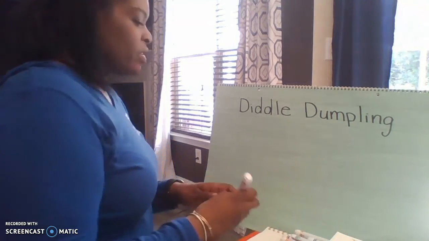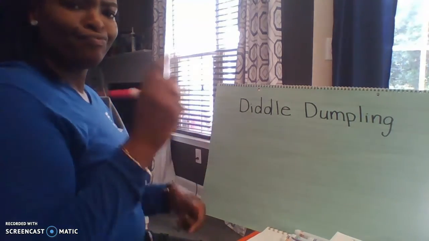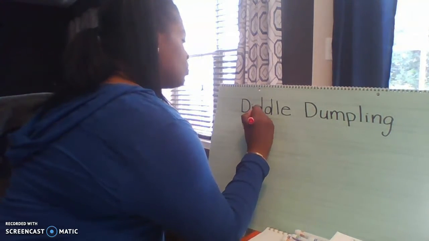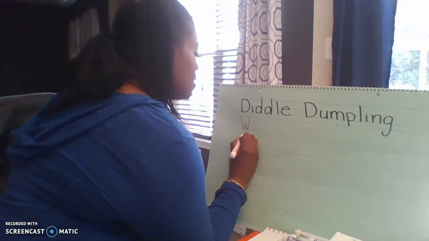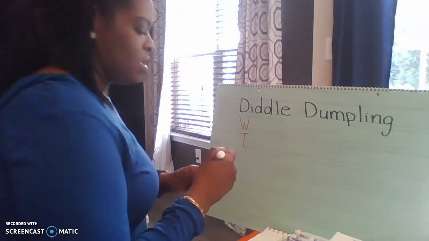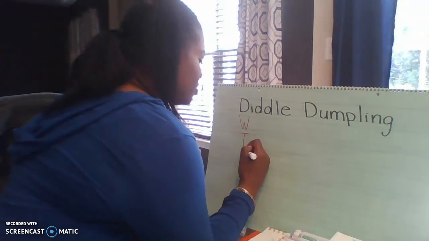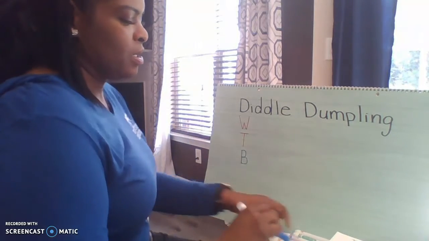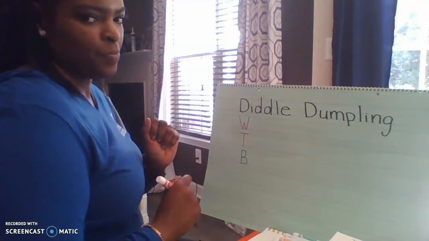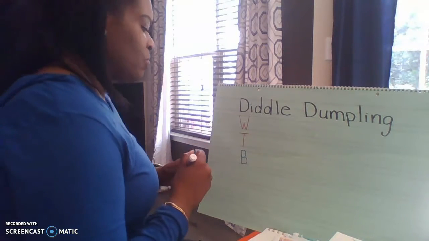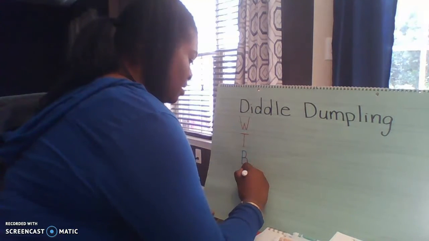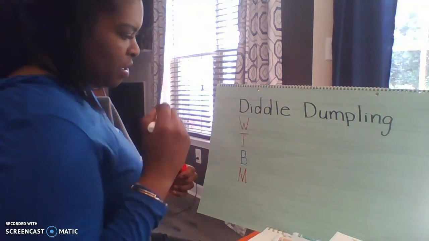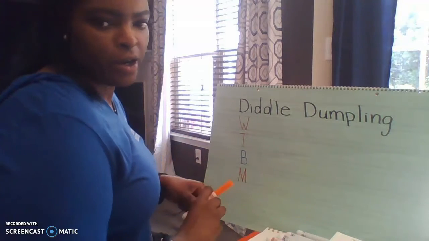So the first letter I'm going to write is a W. Now I'm going to write the letter T. Now I'm going to write the letter B. The letter M. And the letter P.